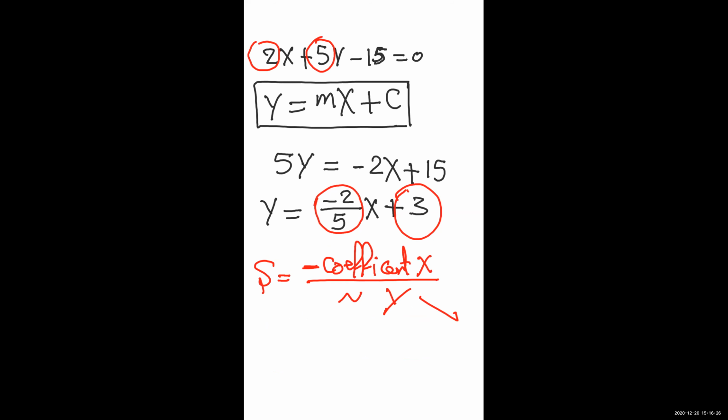The negative coefficient of x is negative 2, over the coefficient of y, which is 5. Yes, we got that the slope is negative 2 over 5. So the slope equals the negative coefficient of x over the coefficient of y. Are we clear about that?